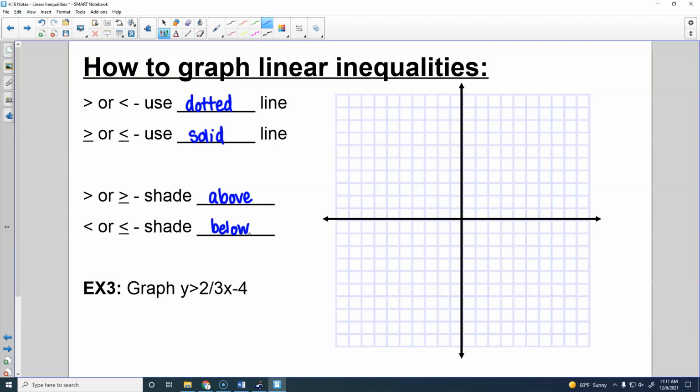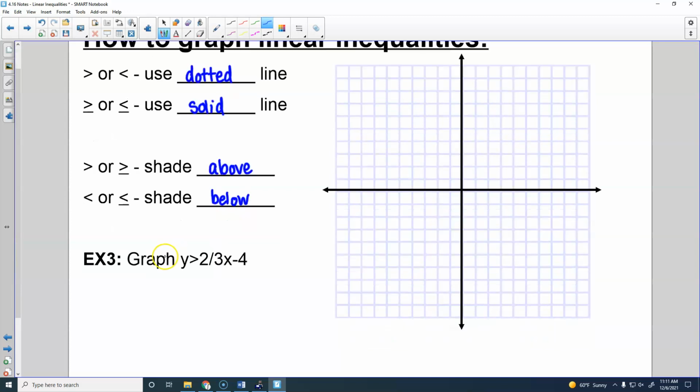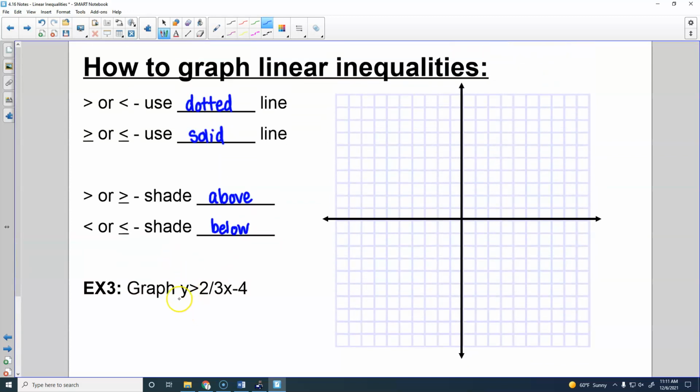Okay, so we are going to graph y is greater than 2/3 x minus 4. We need to know our y-intercept and our slope just like we were graphing a normal line. So, Peyton, what is the y-intercept of that line?